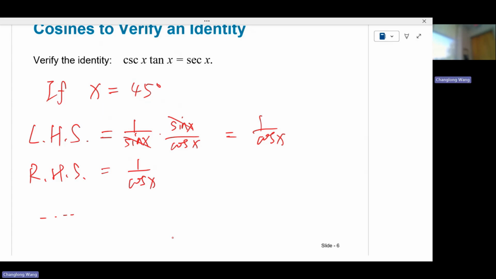So how do you feel about the whole process? If you know those basic identities, and this is probably just very simple algebra, there's nothing hard or complicated you have to comprehend. It's just that you need to get used to the way we verify identities in general, not playing with the numbers.